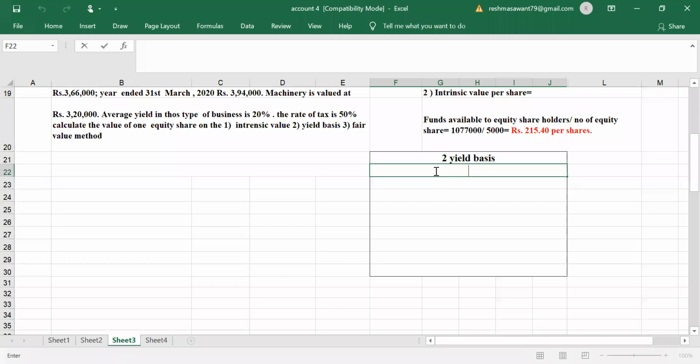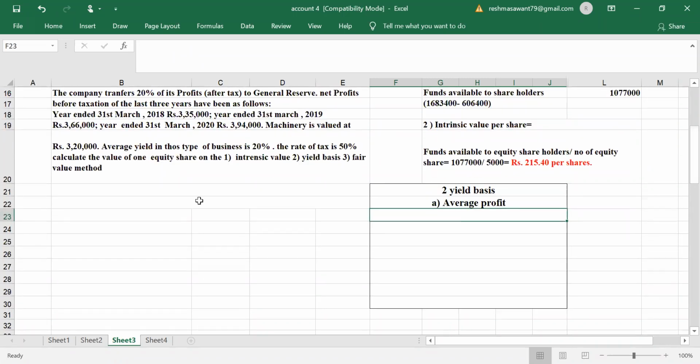First point, average profit. Average profit will be calculated from the profit of 3 years. The 3 years' profits are given. For 2018, 2019, and 2020: the profit for 2018 is 3,35,000.